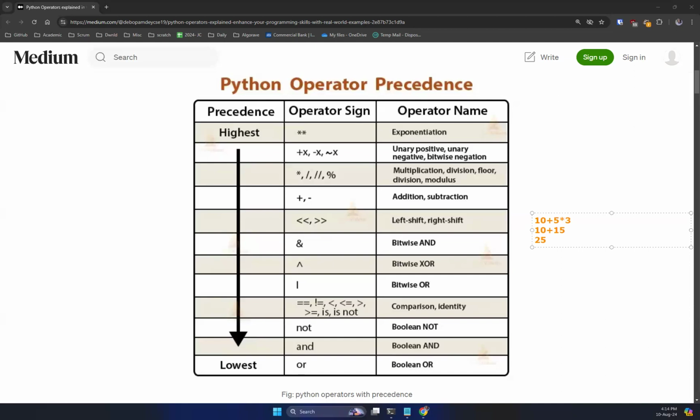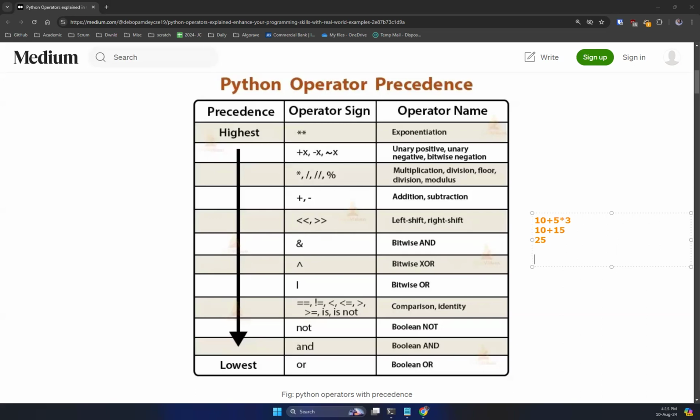Right. Okay, associativity, let's discuss.